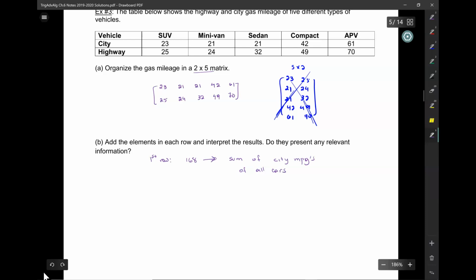Now, the next part says, do they present any relevant information? Is this information relevant? Is this information useful in any way? It's not. And that's part of understanding when you have a series of numbers: is it meaningful?